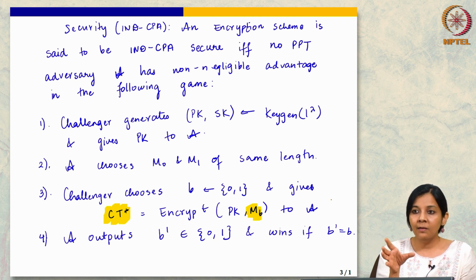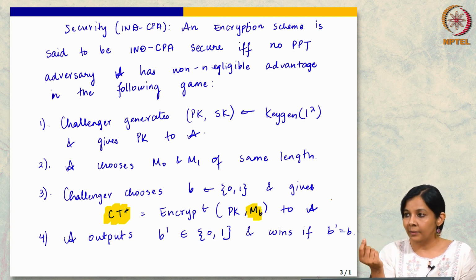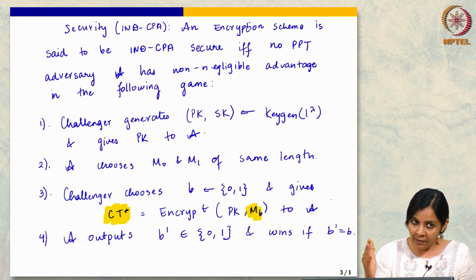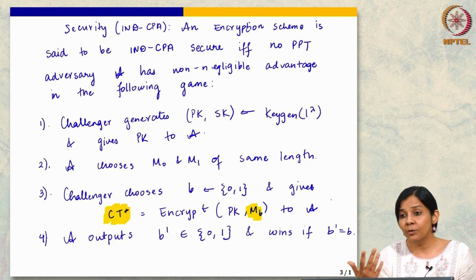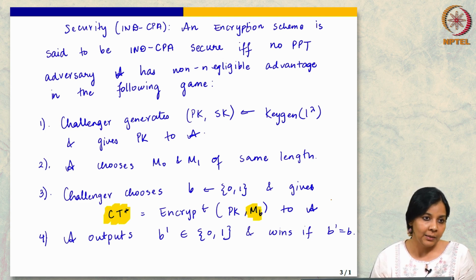This is because if it were random, then my message bit is information theoretically masked. So, in this case, no matter how smart my attacker is, it could not have had any advantage. This is the argument.